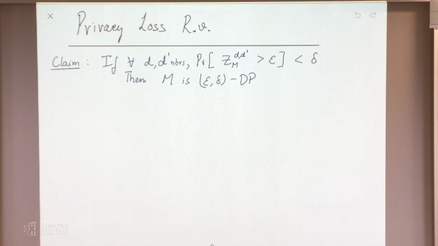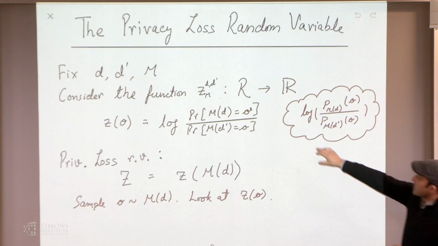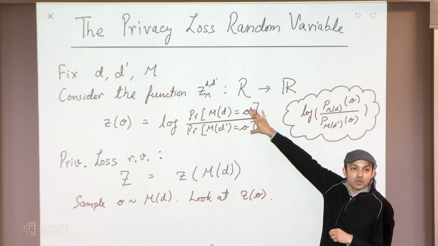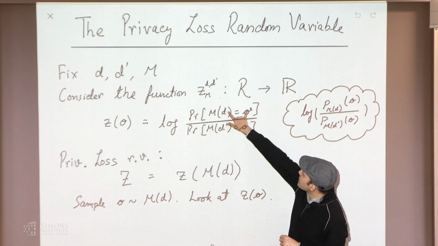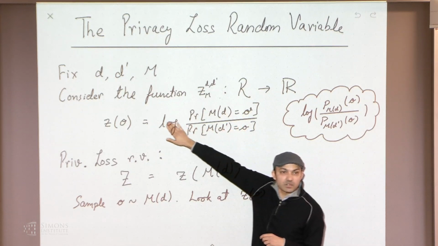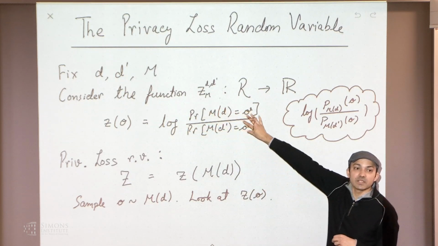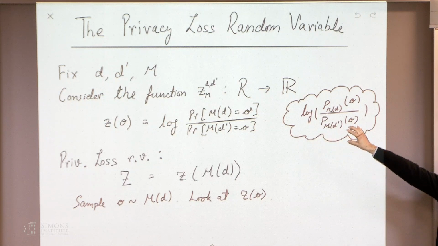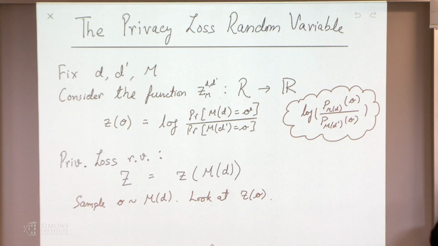The privacy loss random variable was the log of this ratio. Pure differential privacy says that this is at most e to the epsilon times this. We hit it with a log, and we get something that's always bounded by epsilon. So differential privacy fundamentally is talking about this random variable. Pure differential privacy says that this random variable is always bounded by epsilon.